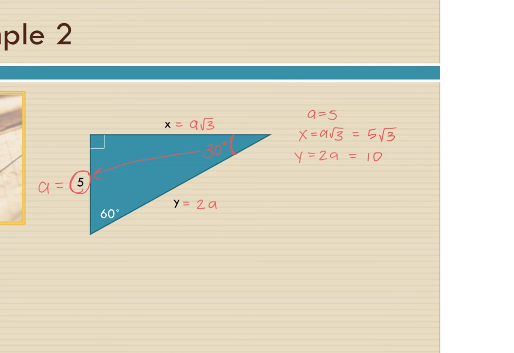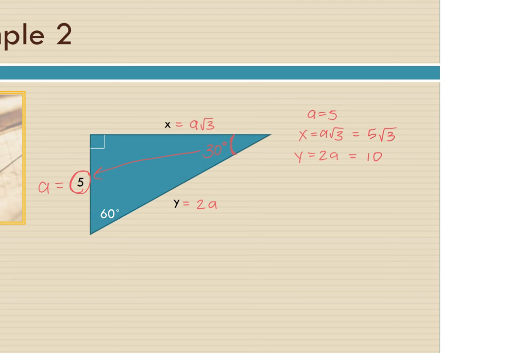Easy, right? Okay. Now, normally, if we were only given one side of a triangle, we can't apply the Pythagorean theorem, right? Because we would have 2 variables and we would only have 1 equation. So there's no way we could figure out the length of the other 2 sides. But in special triangle instances, if you know one side, you can figure out the rest of them, okay?